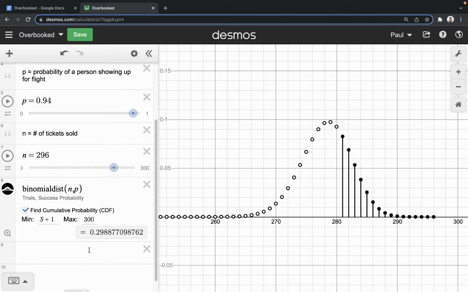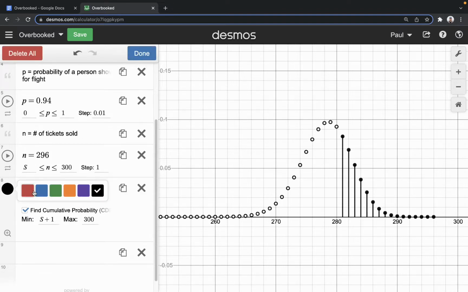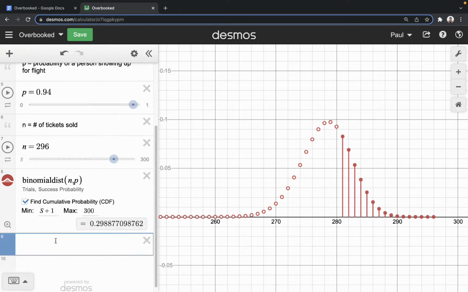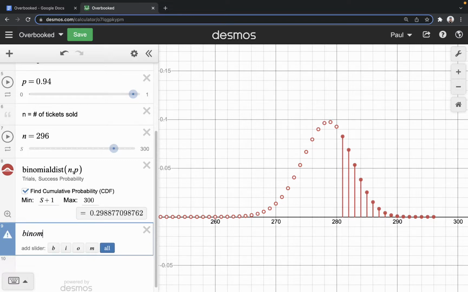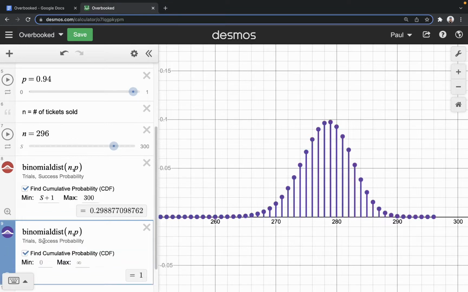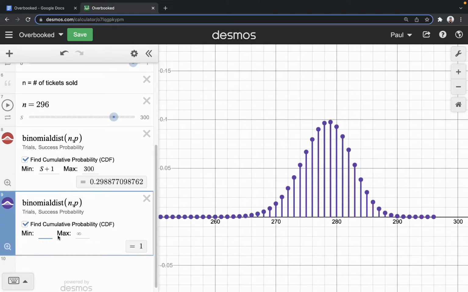Something you could do to make this problem a little easier is start adding additional distributions. So I'm going to make that one red for the overbooked. And the exact same function here with different ranges will give me the empty seat probability.